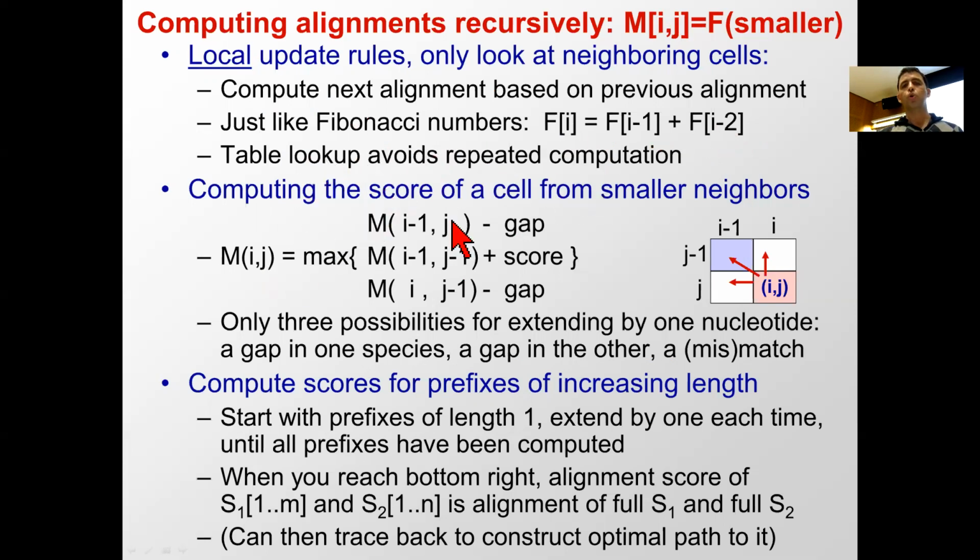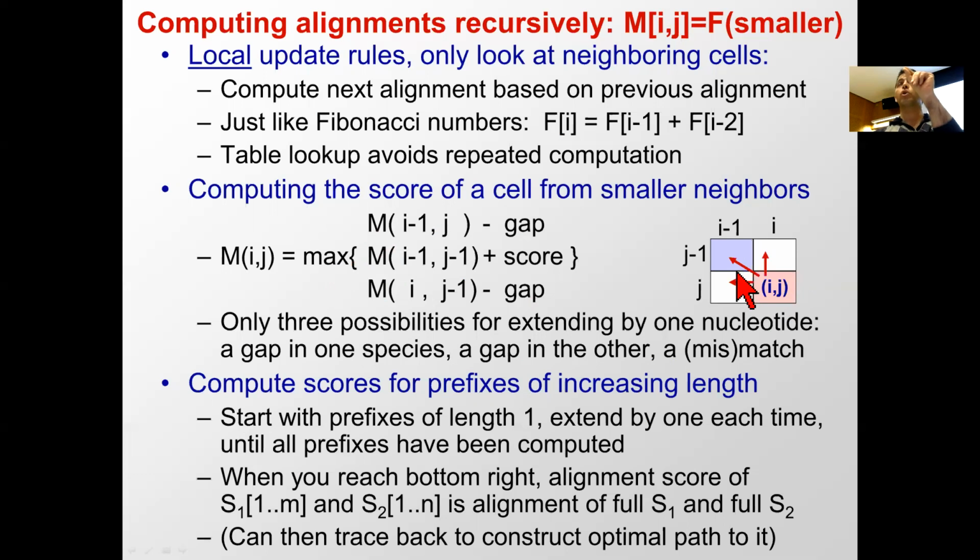To compute the score of this cell from the smaller neighbors, I had a maximum choice. That's where the optimality comes in. Remember, I mentioned Fibonacci didn't have any optimality choice, whereas dynamic programming in general has some maximum in there. Here's where the maximum sits. I'm basically making locally a choice and remembering the options that gave me that best choice.